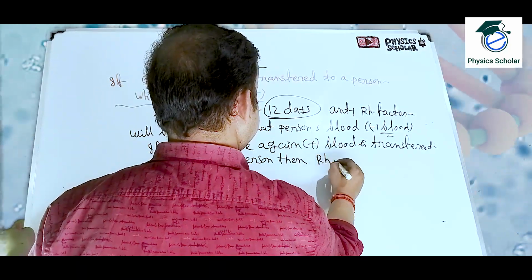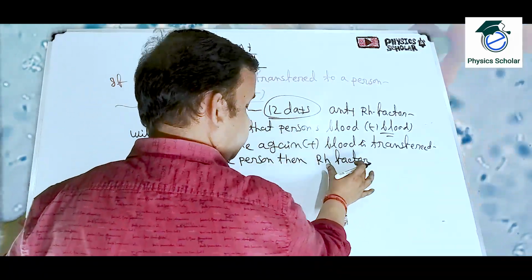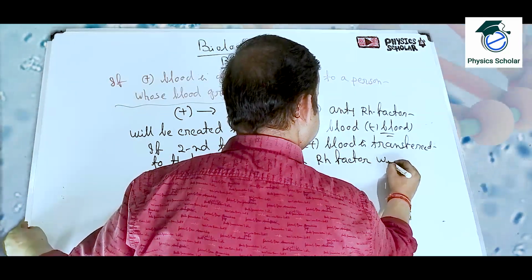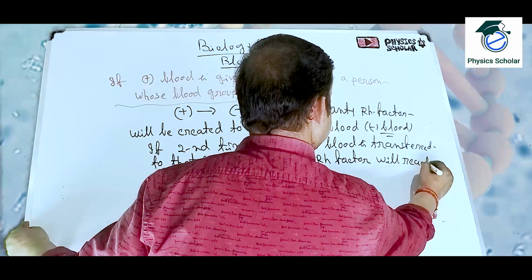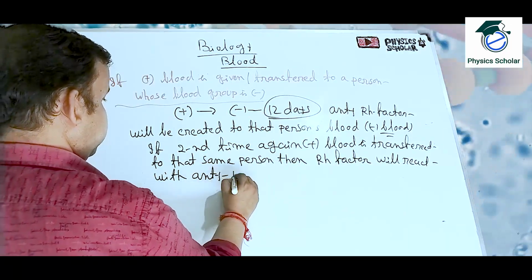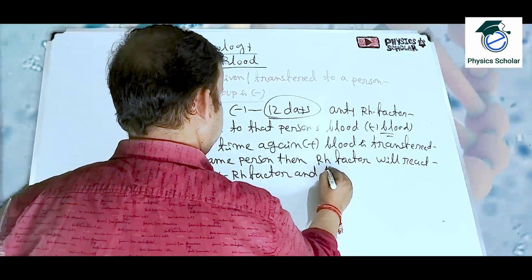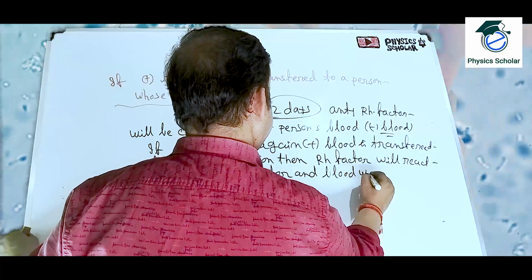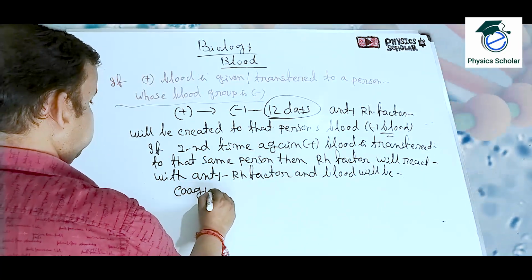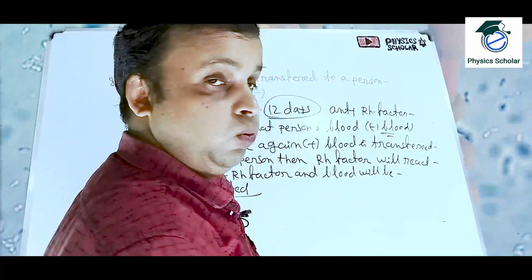The RH factor, the dominant component in positive blood, will react with the anti-RH factor and the blood will be coagulated. Clear? So the complication will arise.